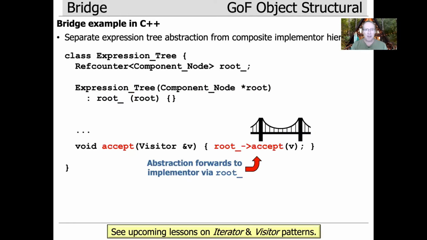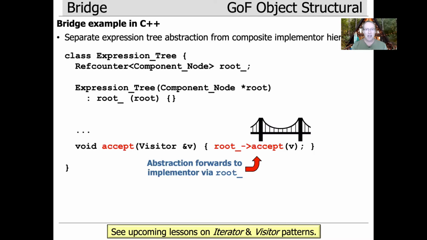Obviously, there's a bunch of methods defined in expression tree. We're just going to focus at the moment on the accept method. And the accept method is used when we start talking about the iterator and visitor patterns later. But for now, this is essentially one instance of the bridge. So when someone invokes an accept call on an expression tree instance, as you can see, the accept method for expression tree says root arrow accept.